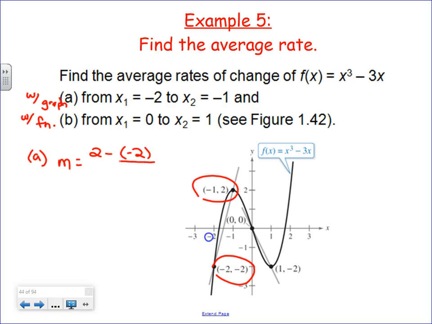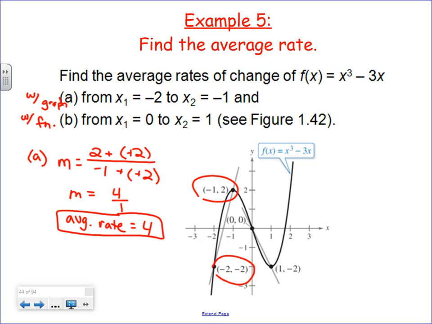Negative 2. All over negative 1, make sure they pair up, minus negative 2. So then since my m is 4 over 1, then my average rate is 4. If I have a graph, I can just steal points and do y2 minus y1 over x2 minus x1.